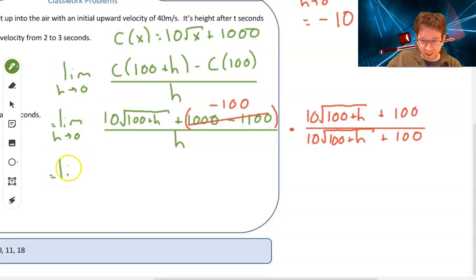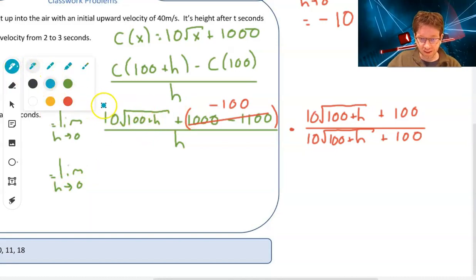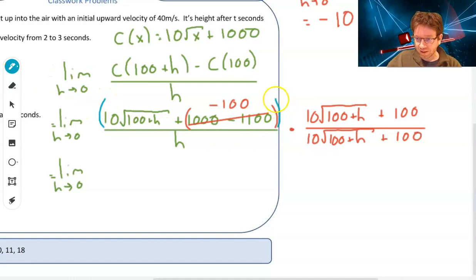So that's going to give us the limit as h approaches 0. On the numerator, what we have here is that multiplied by its conjugate, so it's a difference of squares. We're left with, well, 10 times 10 is 100, and then that square root times itself is just 100 plus h.